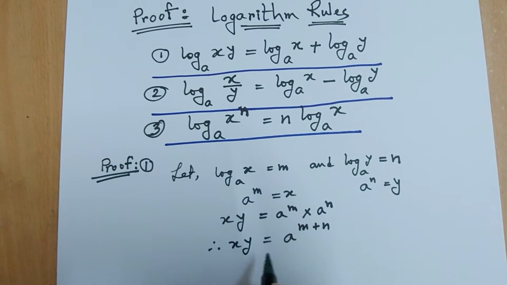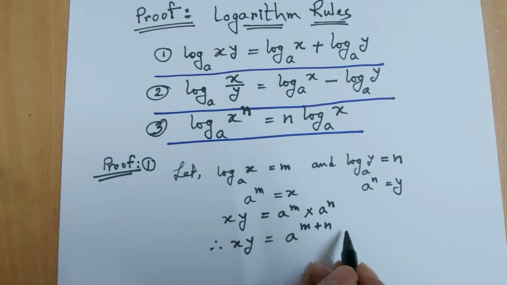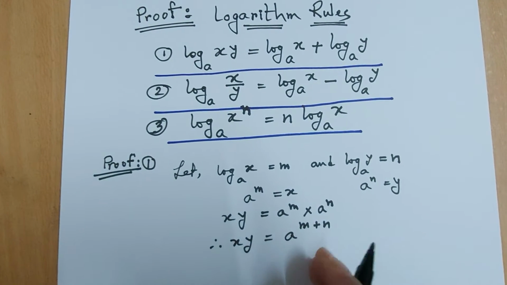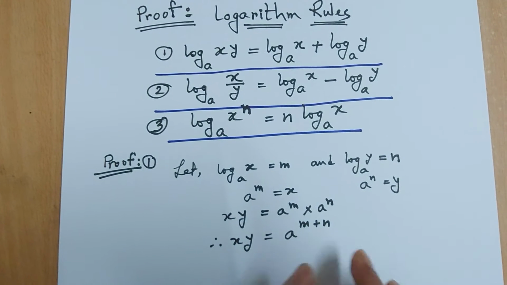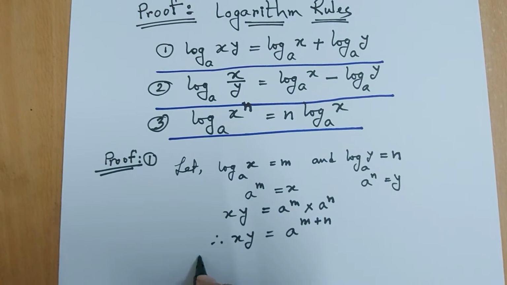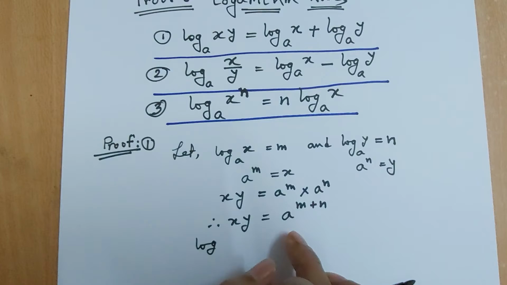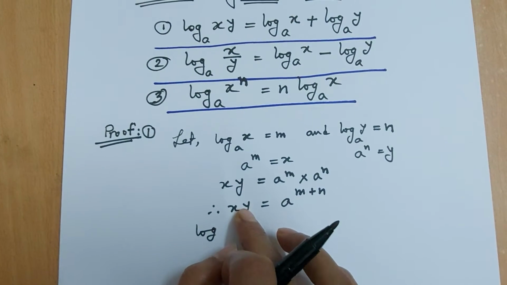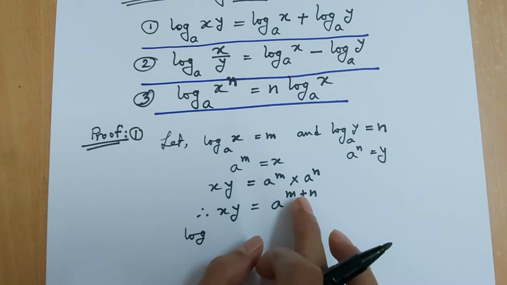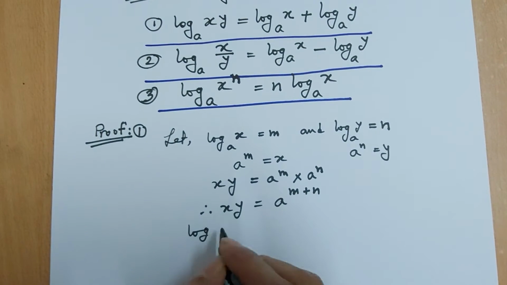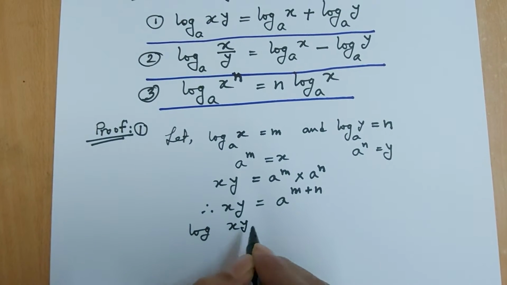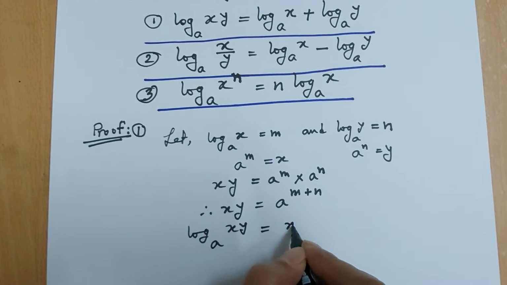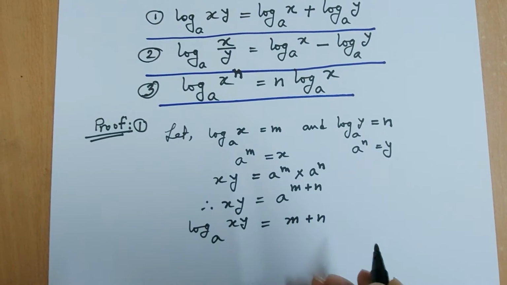That means xy equal to a power m plus n. Now in this stage, if I switch it to logarithmic form again, it will become log xy to the base a equal to m plus n.